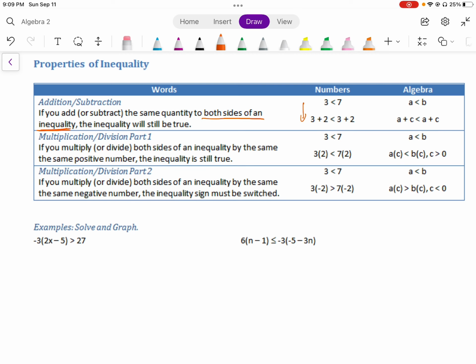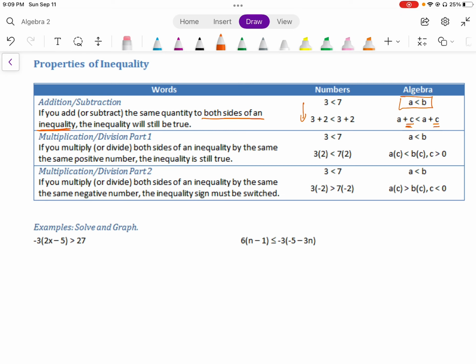We add 2 to both sides. Here's what we see algebraically when we see this as a rule in symbols. We have any real numbers a and b, where a is less than b, we can add some real number c. So that c could be a positive or a negative or a fraction. We can add that to both sides and it will still remain true.